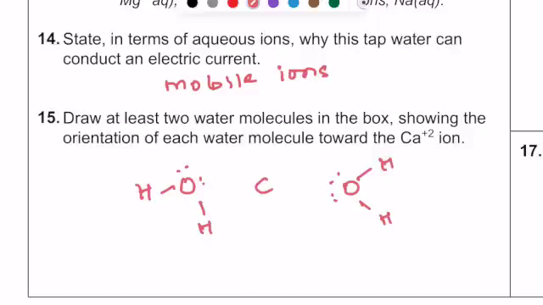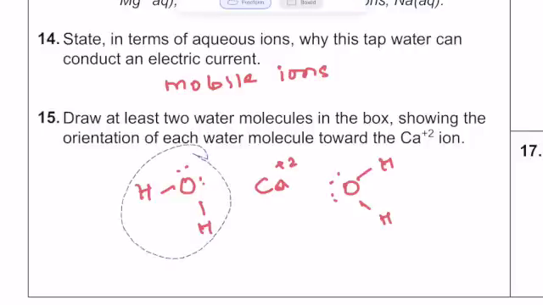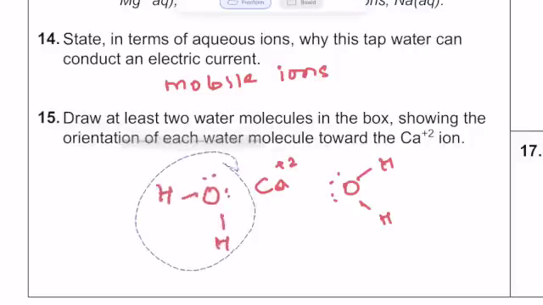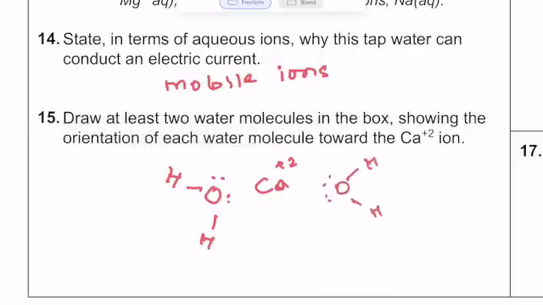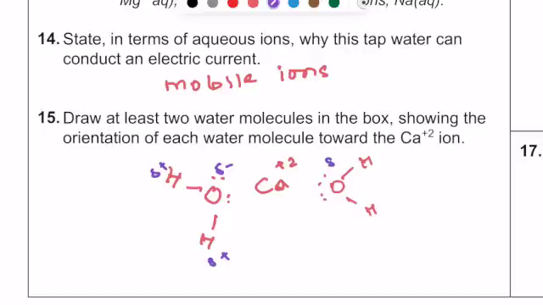So if your calcium 2+ ion is right here, then your oxygens should be facing towards the calcium, because remember, and we can also write that here, that oxygen has a partial negative charge, hydrogens have partial positive. So the negative charges of the oxygens are going to attract the positively charged calcium.